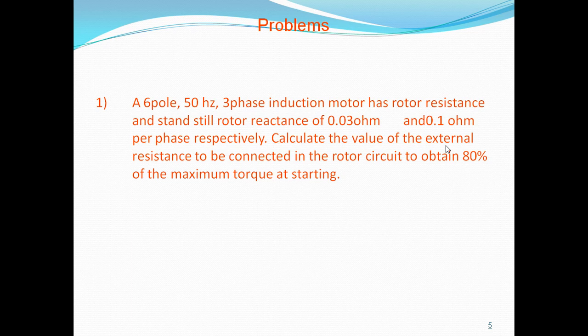So what is the given data? The number of poles P is equal to 6, frequency is equal to 50, rotor resistance R2 is equal to 0.03, and standstill reactance X2 is 0.1 ohm per phase.